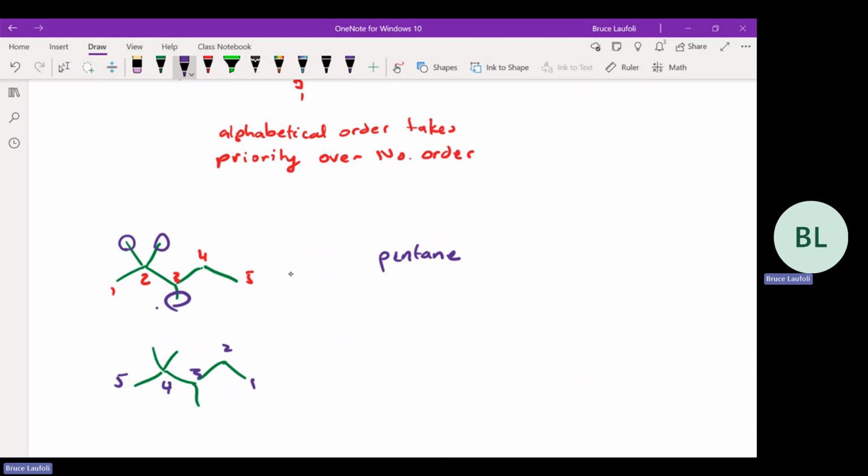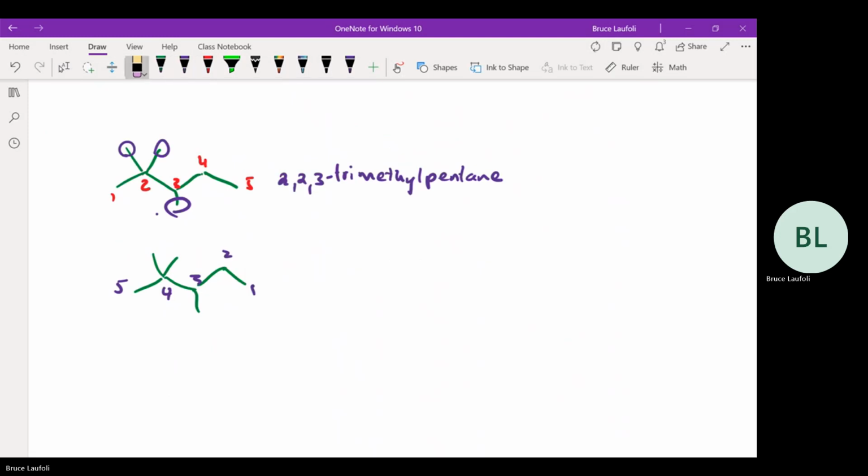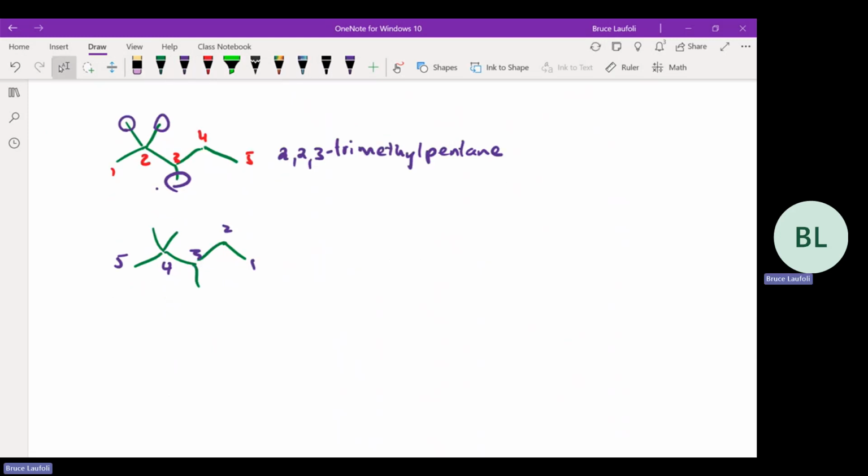So we would go 2, 2, 3, trimethyl pentane. So that's the right name.